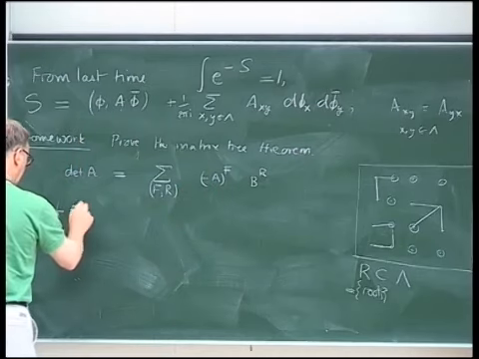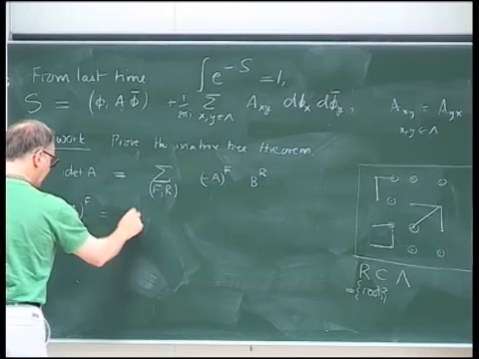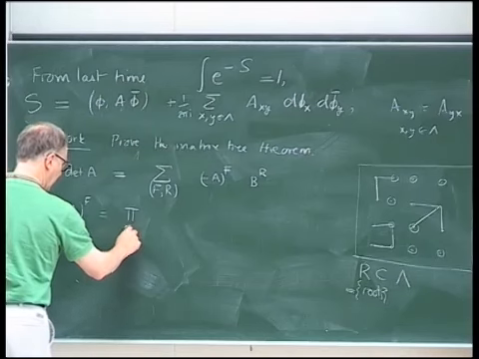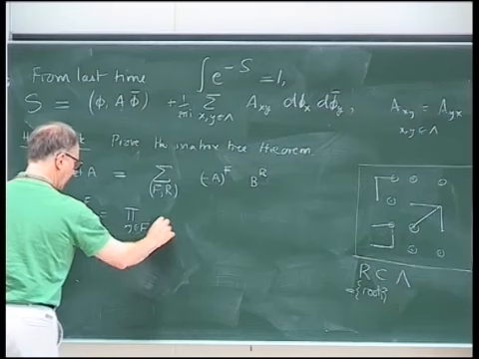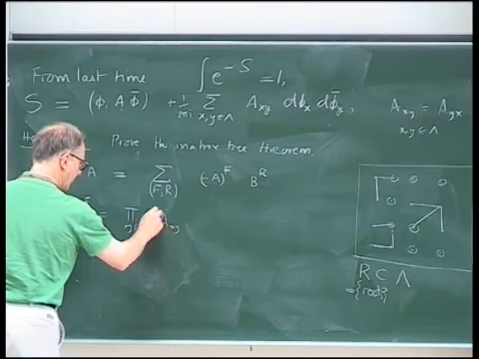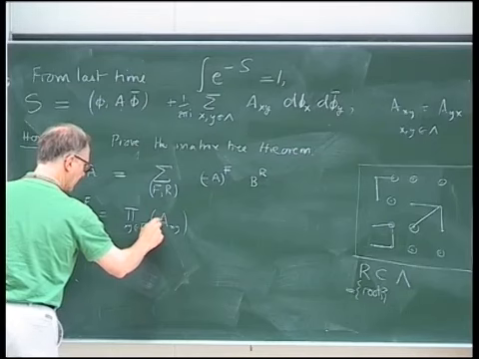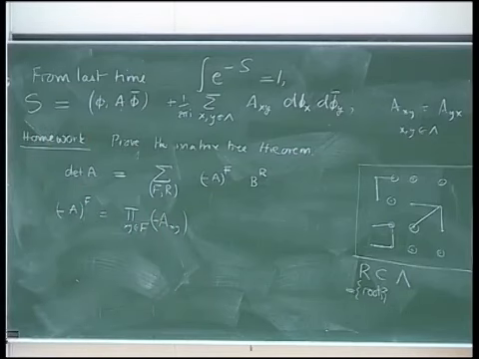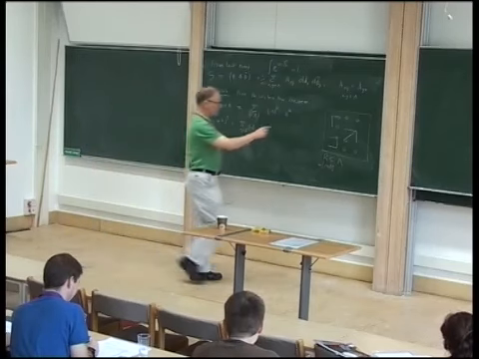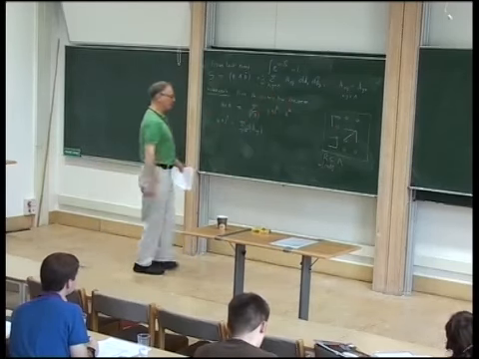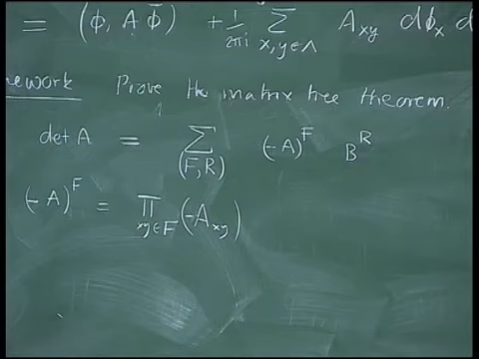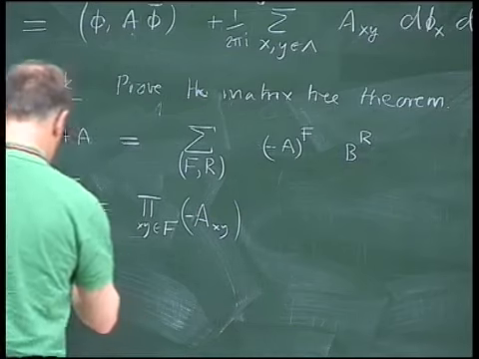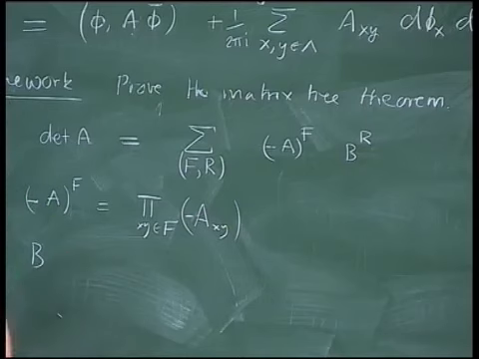Well, minus a to the power of the forest means that for every edge xy in the forest, you take the xy matrix element. So those are always going to be off diagonal because there are no self loops or anything like that in these forests.